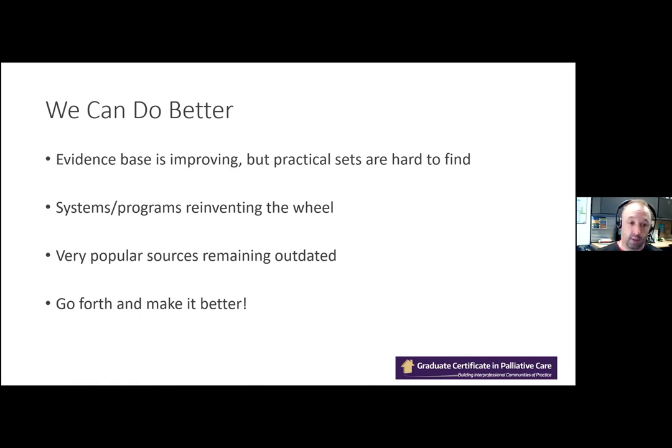There are a lot of very popular sources, as I mentioned, that remain outdated as well, including some of the fast facts for ventilator weaning comfort care. Those are things that were written 10, 15 years ago. And as a field, we can improve. So again, a challenge to go out and improve it.